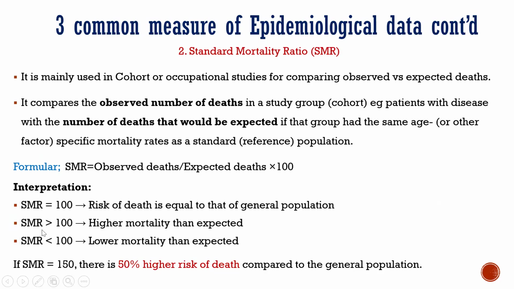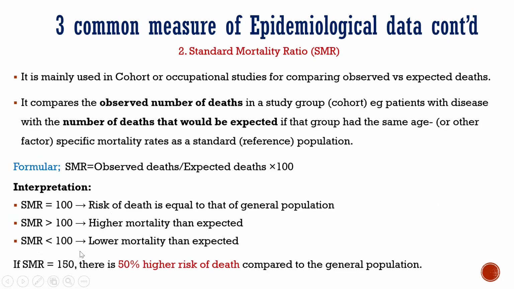If you find out that the standard mortality ratio of people that have diabetes is greater than 100, that means there is a higher mortality than expected. That means they are dying more from that particular disease than expected of them. Do you get it? And if the standard mortality ratio is less than 100, that means there's a lower mortality than expected.